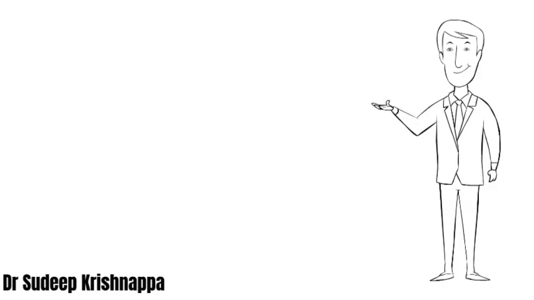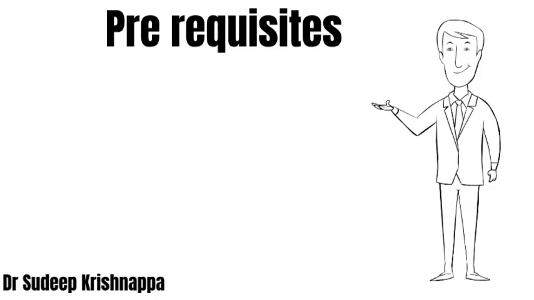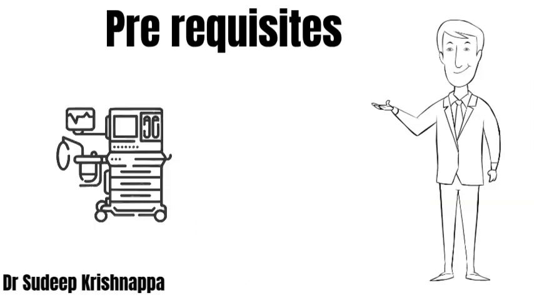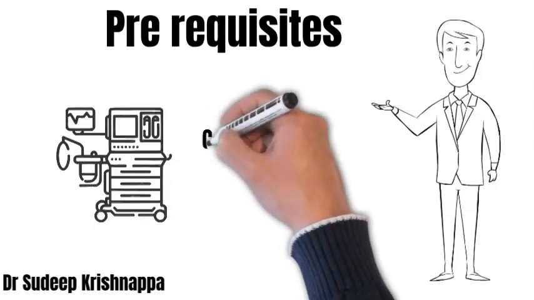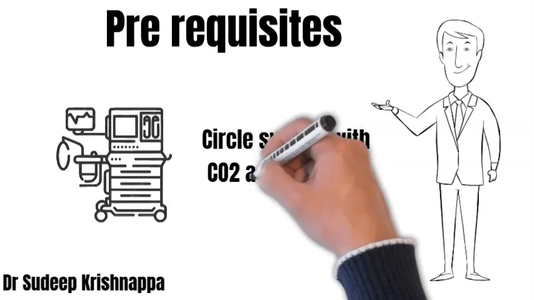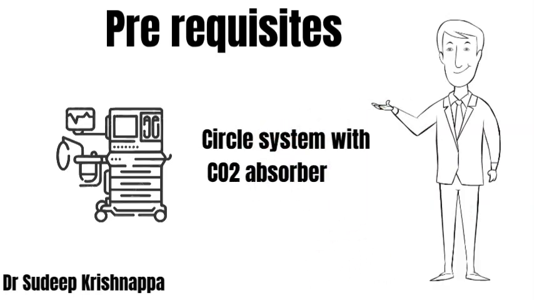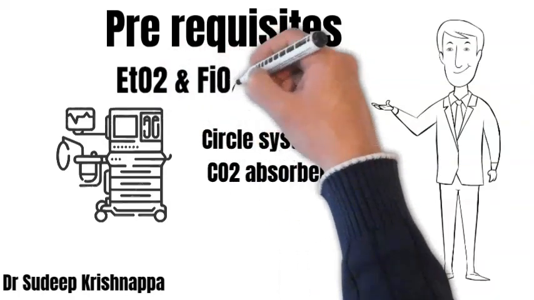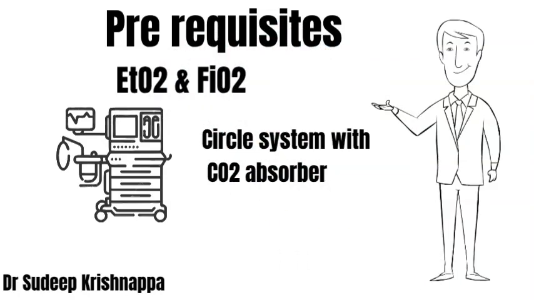Before we get down to the finer details of the conduct of low flow anesthesia, there are certain prerequisites which are an absolute necessity. The first and foremost being any basic anesthesia workstation with a circle system and carbon dioxide absorber which is reasonably well maintained.